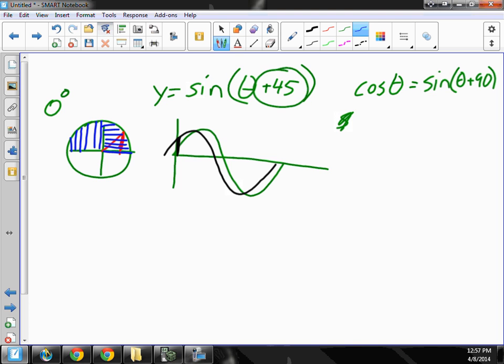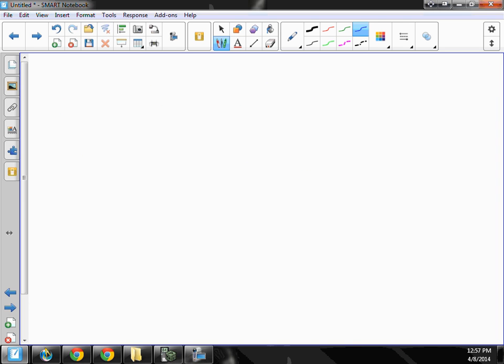Okay, so let's graph the tangent. The tangent is a little bit strange. The tangent does not care what the length of the ladder is. In fact, you can't graph tangent in terms of spaghettis, because tangent is the same as sine over cosine.